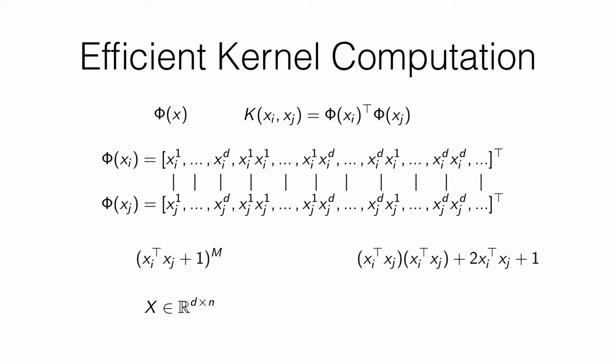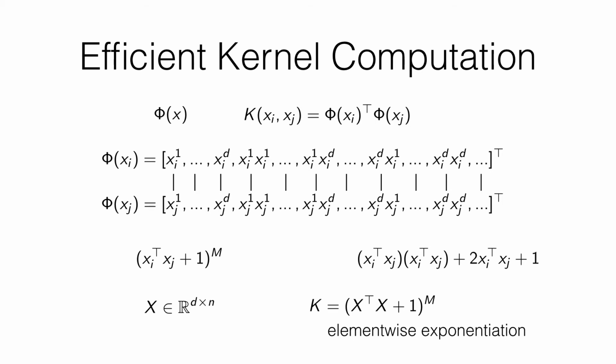Then the gram matrix for the polynomial kernel can be computed just by taking the inner product of that matrix with itself, plus 1, all element-wise to the m power. So you can see that's a one-liner in MATLAB, but it also reveals how efficiently this can be computed, given how fast computers are at computing matrix products.